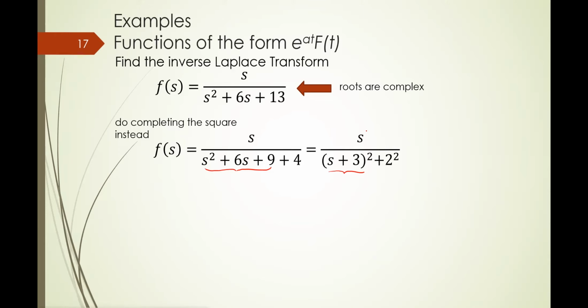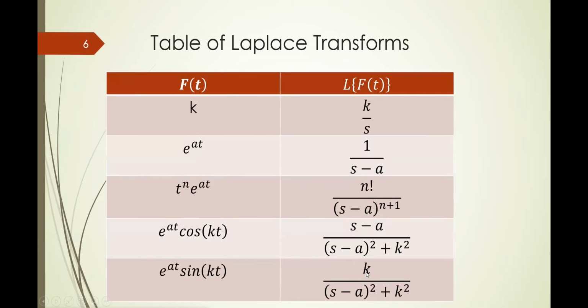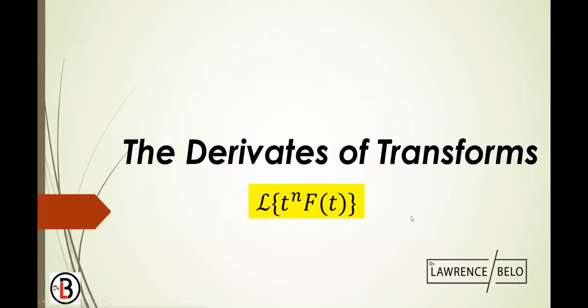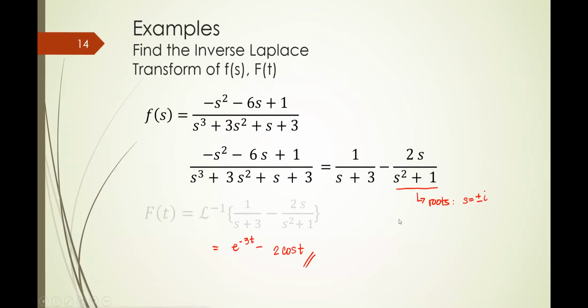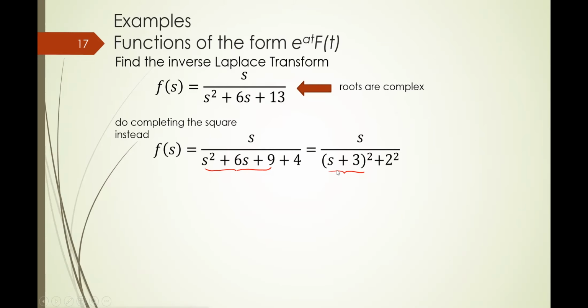So for this, you have to take note that we still can't get the answer for this because in the table that I gave you, if it's k, it's okay to be alone. But if it's s minus a at the bottom, it has to be an s minus a on top. Since what I gave you in here is an s minus k, so that's an s plus 3, on top, it should also be an s plus 3.